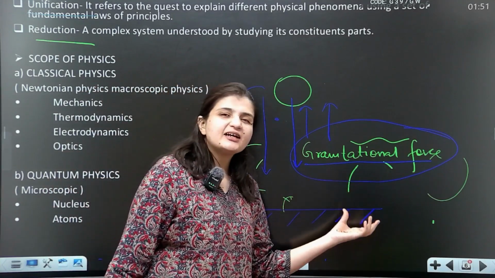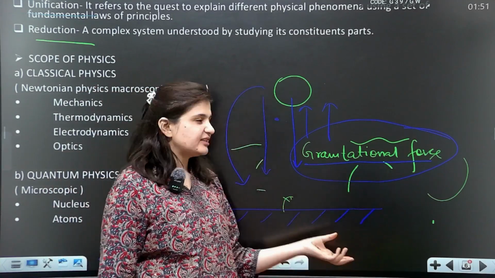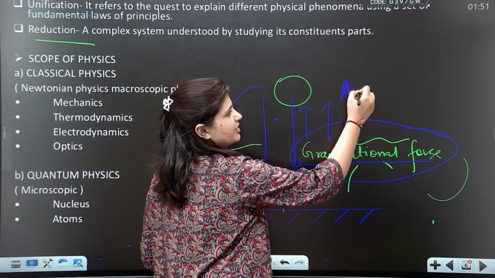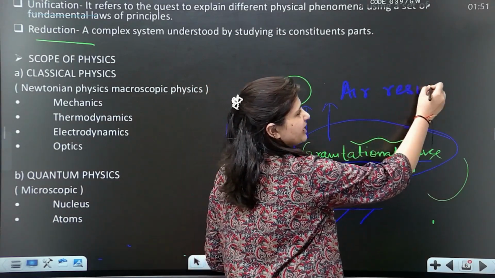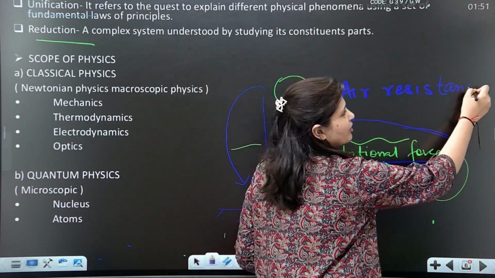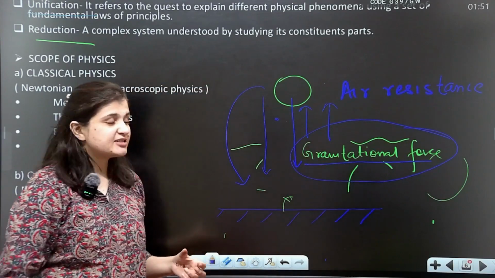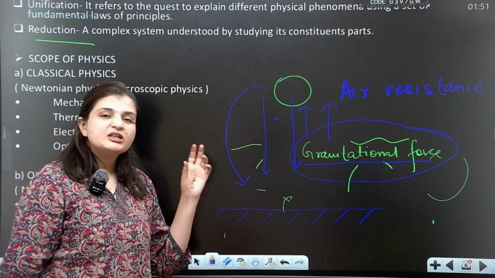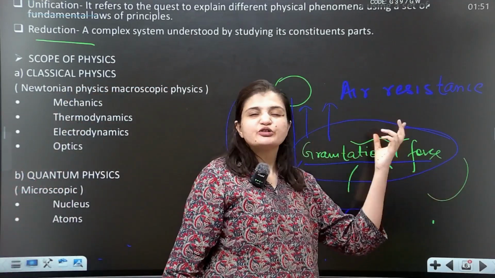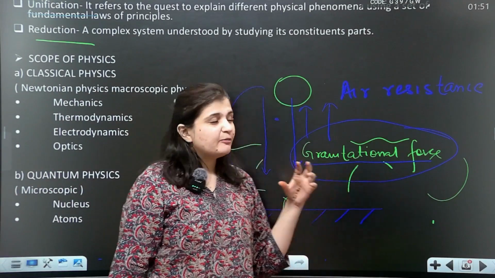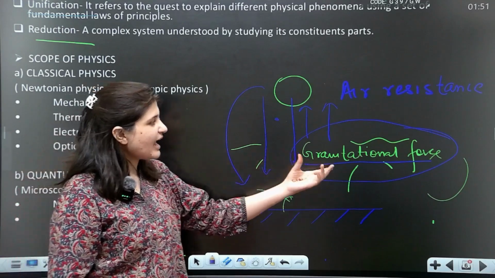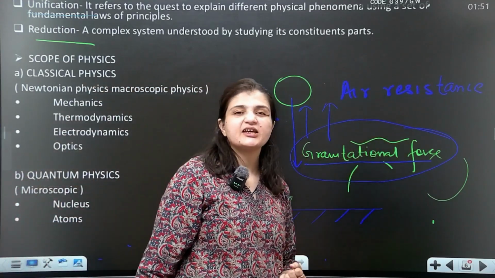There is also the air resistance, the force caused by the air. So the distance it covers will have both effects, gravitational force and air resistance.